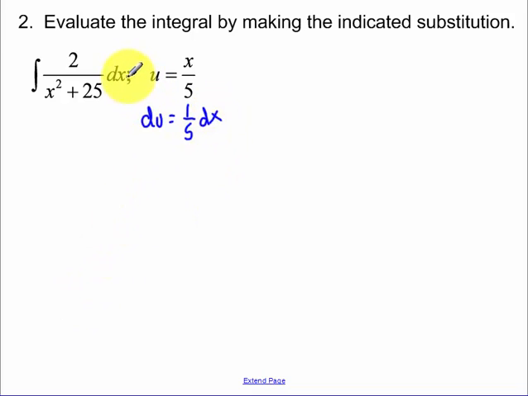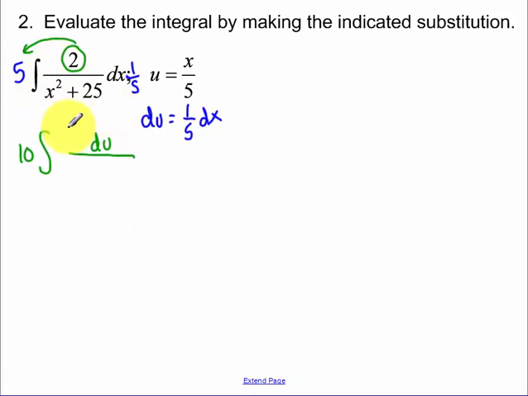So I'd need to multiply by a 1/5 there and a 5 outside. I'm also going to bring this 2 outside and multiply it to the 5. So I get 10 integral of something. This is du.